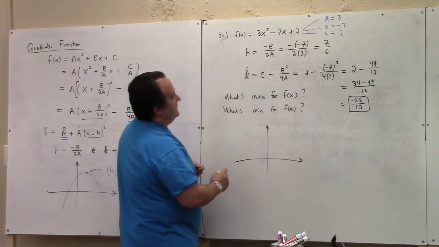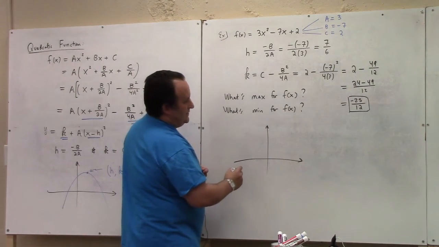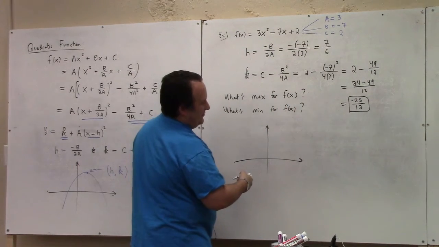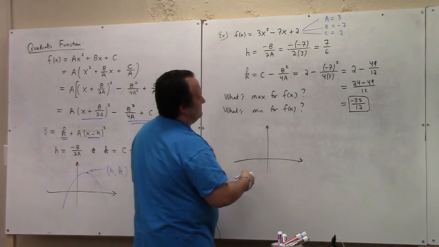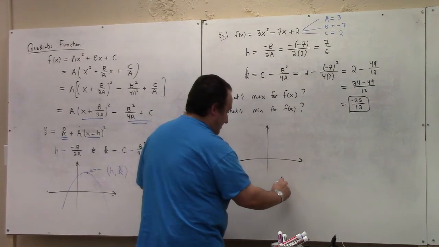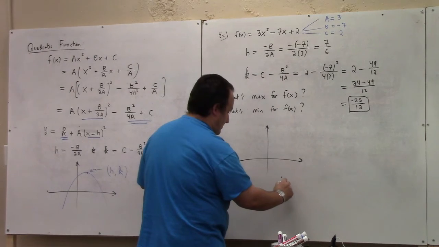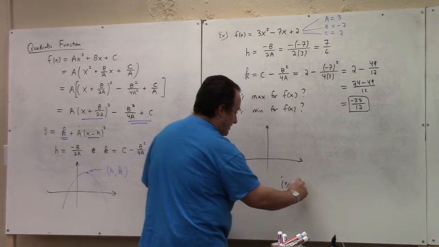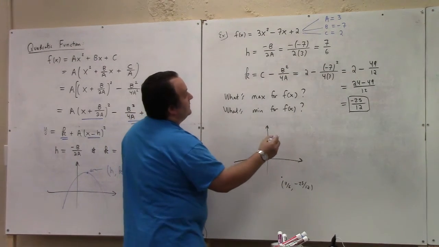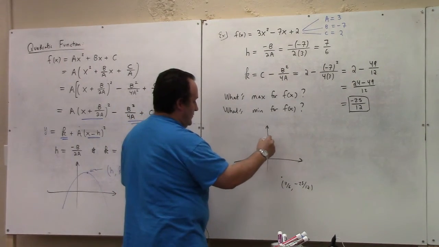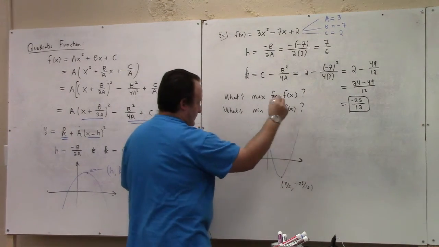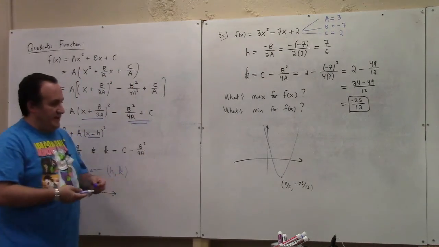So apparently the vertex is at 7/6, minus 25/12, which is about minus 2 point whatever. It's like here-ish. So here's the graph. The y-intercept is about 2, so that's kind of here-ish. I don't know. So what's the max for f of x?